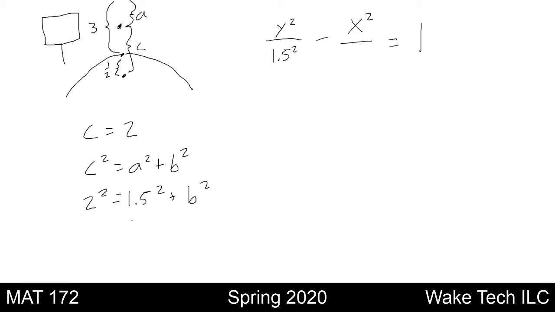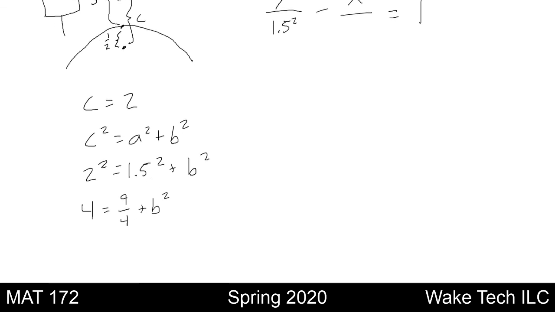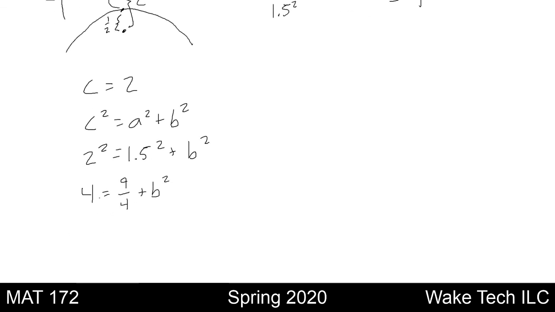I'm going to treat 1.5 as a fraction, so I'm going to treat it as 3 halves. 2 squared is 4. 1.5 squared would be 9/4. And then I'm going to subtract the 9/4 from both sides. 4 minus 9/4 is the same thing as 16 minus 9 over 4, and your calculator will tell you the same thing.